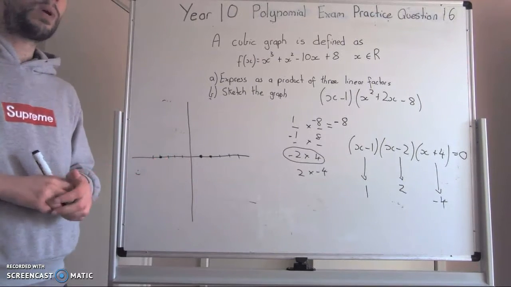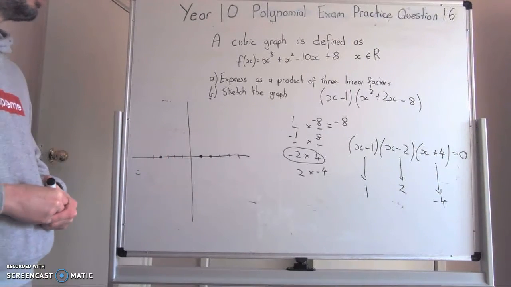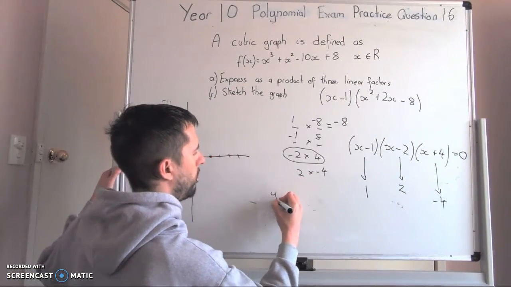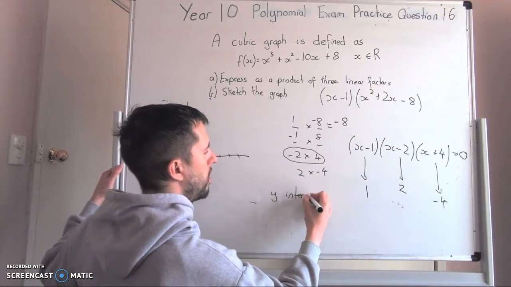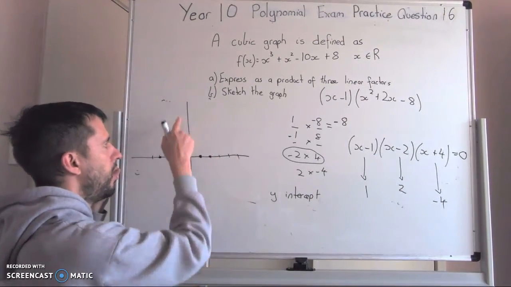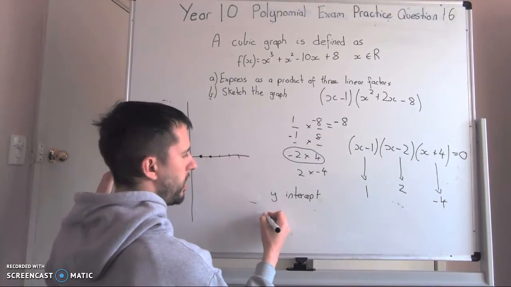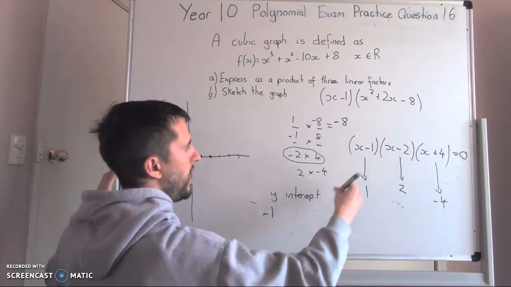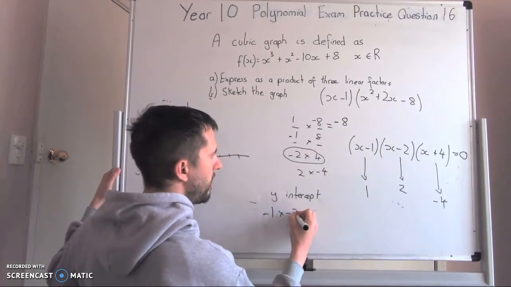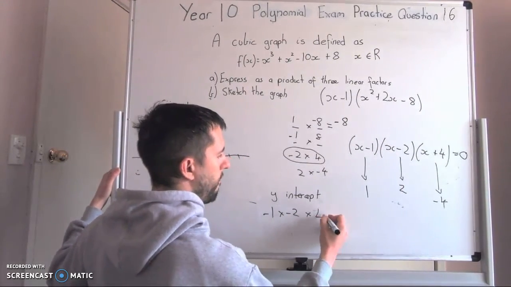Now the next thing that we need to do is realize that if I would like to get the y-intercept, my x value needs to be 0. So if x is 0, I'm left with negative 1. Here, if x is 0, I'm left with negative times negative 2. And if x is 0 here, I'm left with 4.